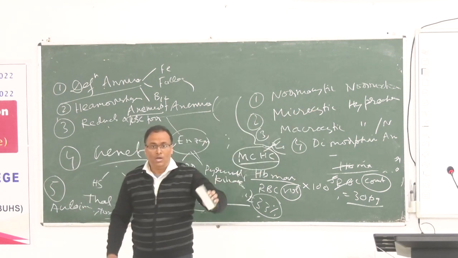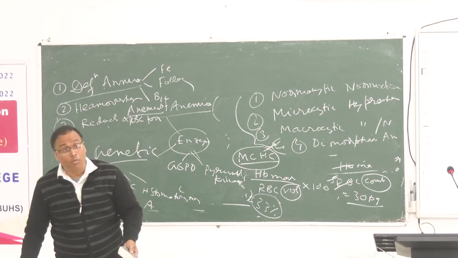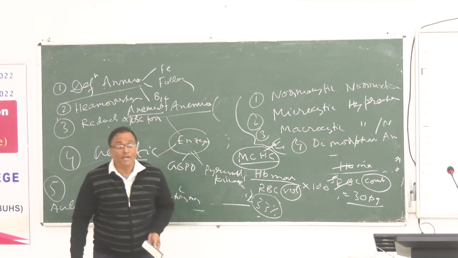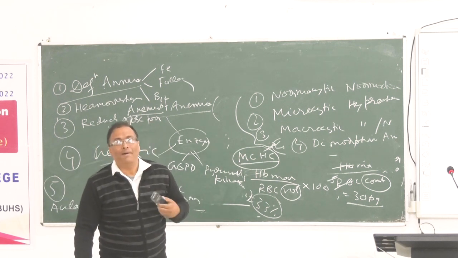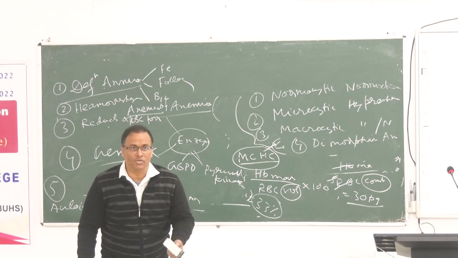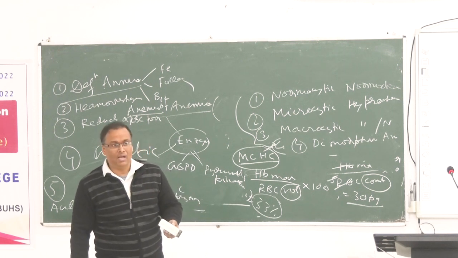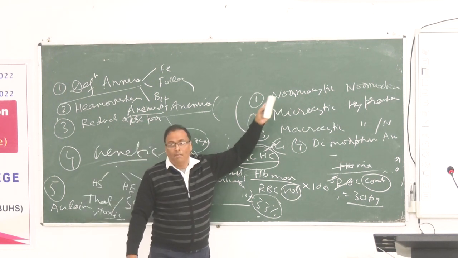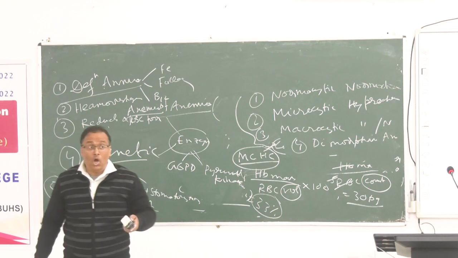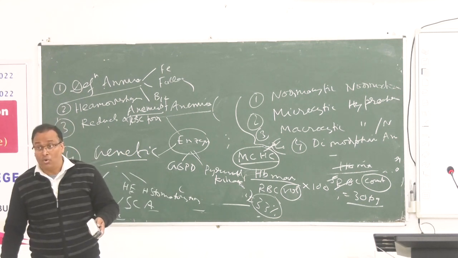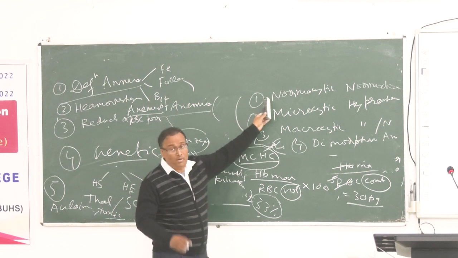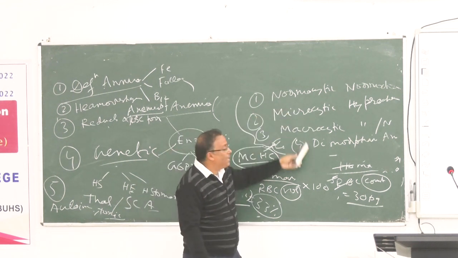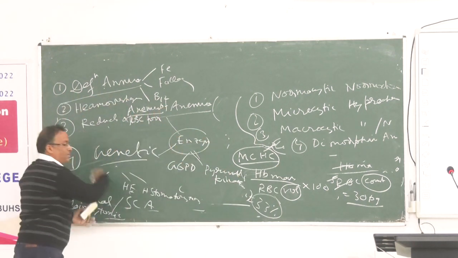What is the meaning? I have already told you the causes, but I am saying again. Normocytic normochromic includes hemorrhagic or hemolytic anemia, hemolysis, and then glucose deficiency, aplastic anemia, or anemia of chronic disease. All I will discuss in detail in the next class, but still remember all of the causes discussed here.